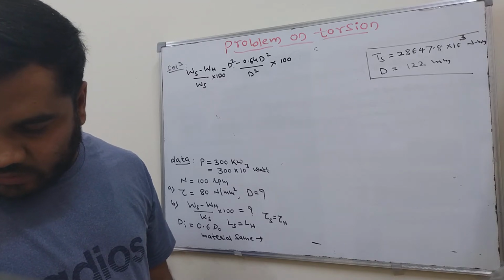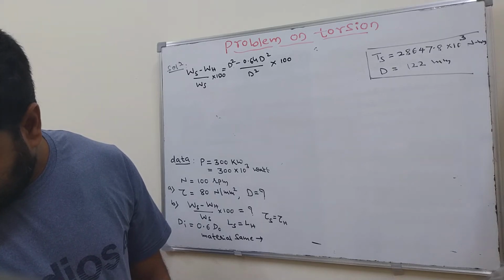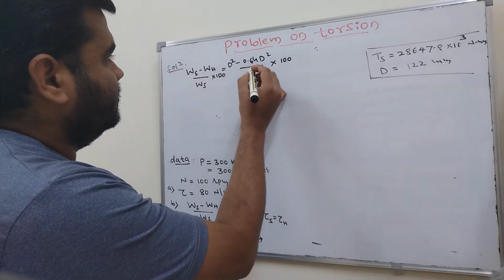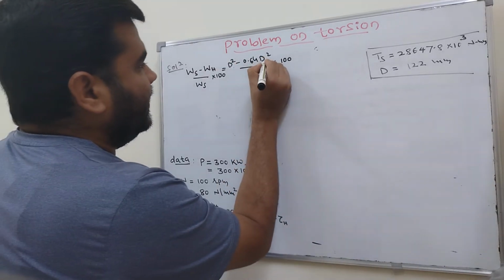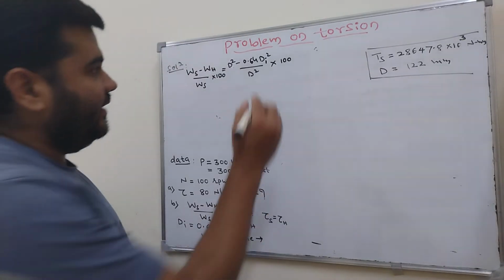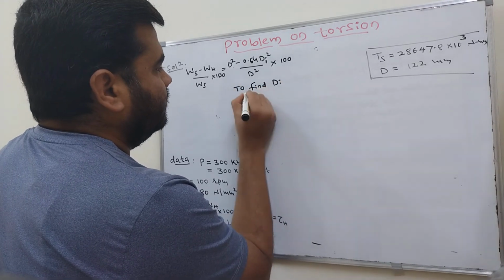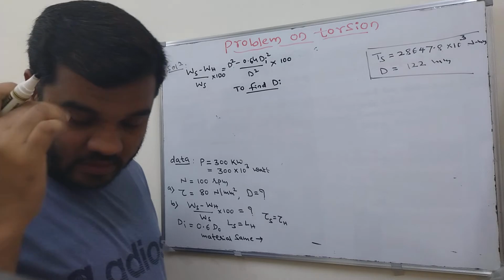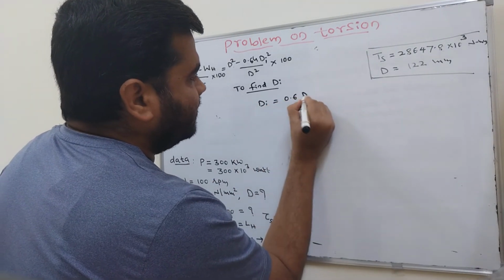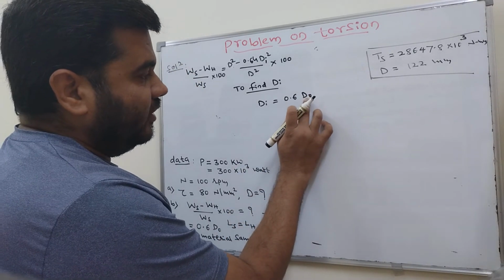So internal diameter equals 0.6 times external diameter. If you substitute, we'll get in terms of di here. Now to find di, di equals 0.6 times d naught, so we need to find d naught.